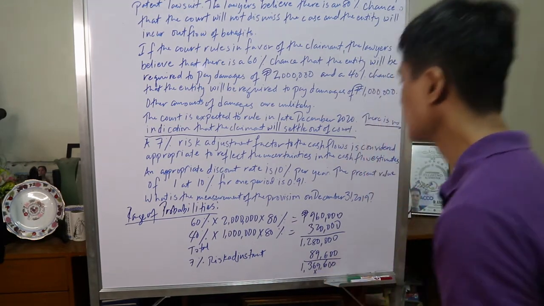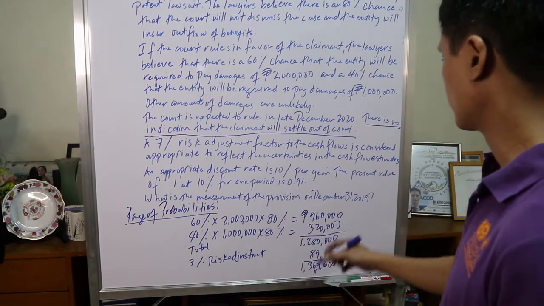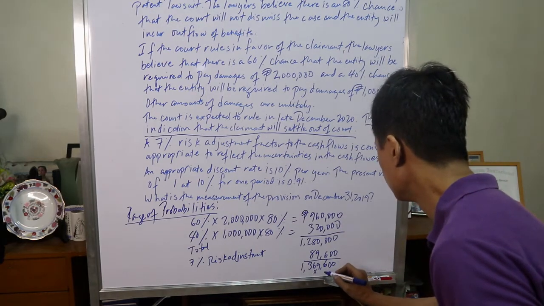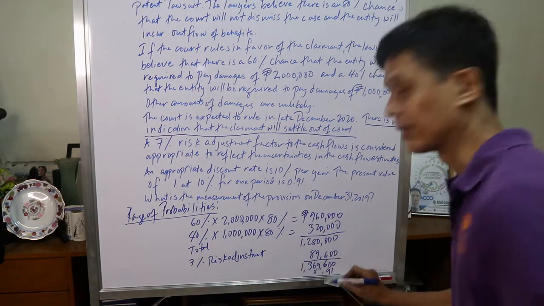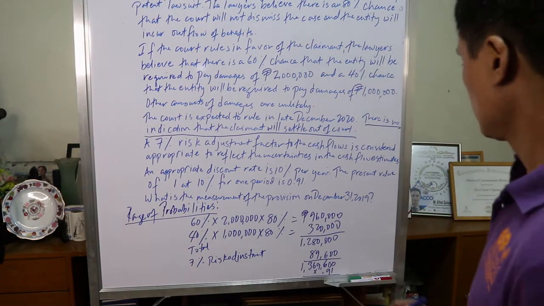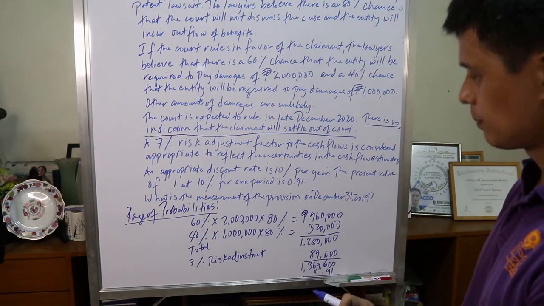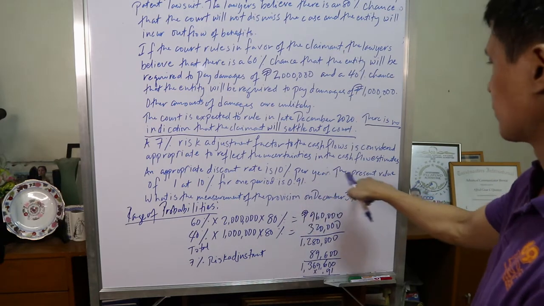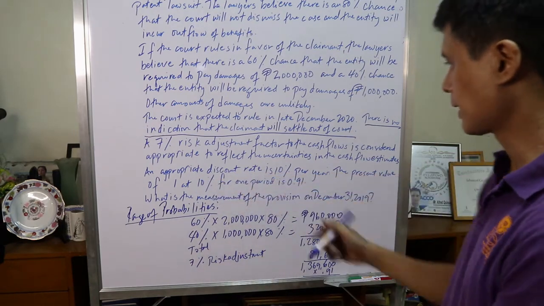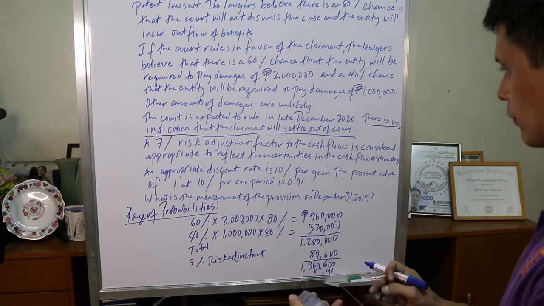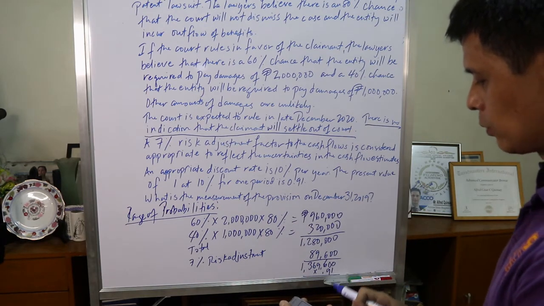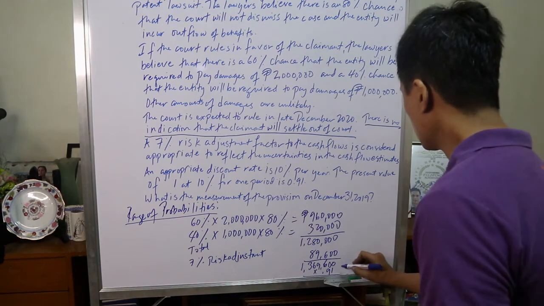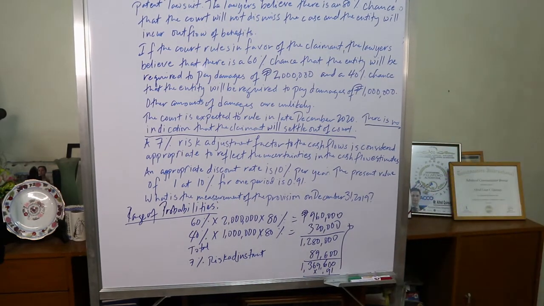So, multiply natin siya dun sa present value of 0.91, no? So 0.91. So times, kasi ito yun, no? The present value of 1 at 10% for one period is 0.91. So times 0.91, that would give you, ito na lang natin isulat. Yan.